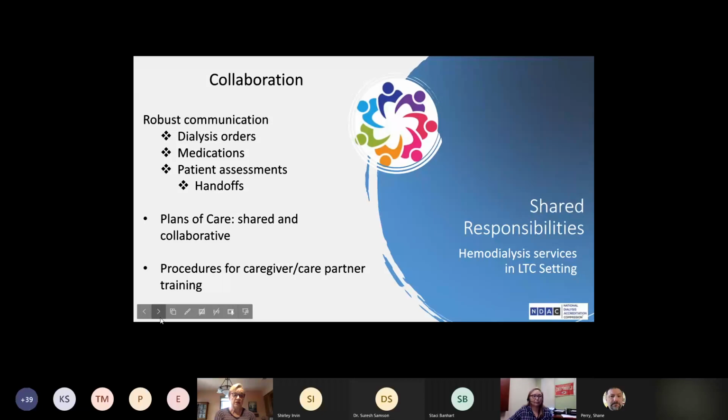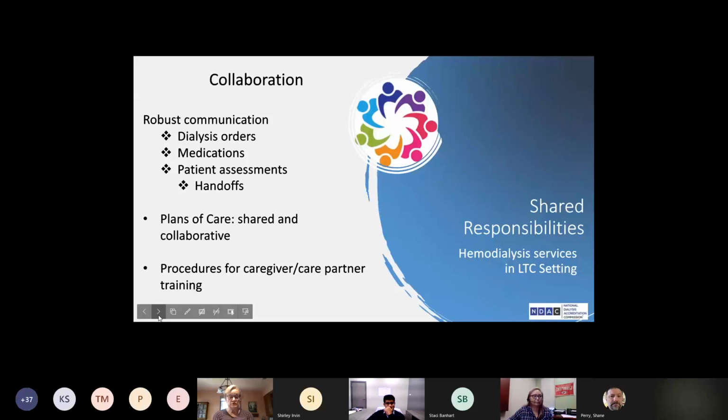Ask about that. And if there's been a recent fall and the patient has been given heparin, they could have a severe and really consequential bleed. So it's important that what has gone on when you were not there as the dialysis staff is shared by the long-term care staff.